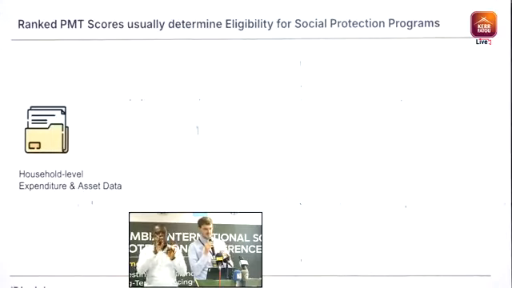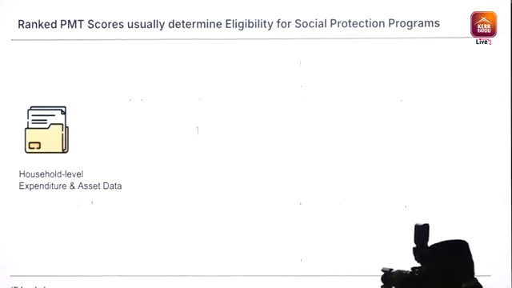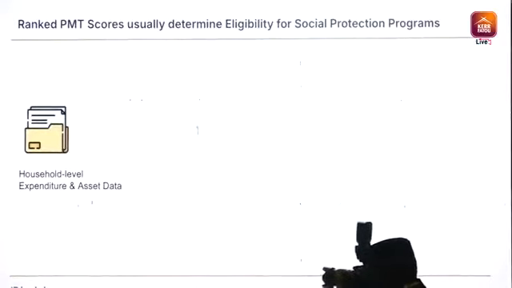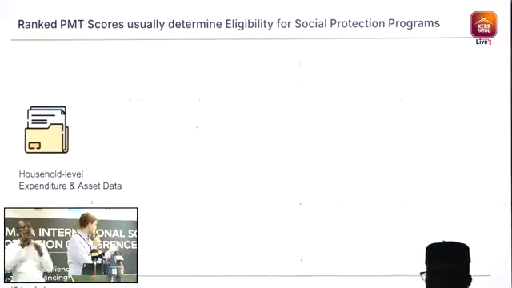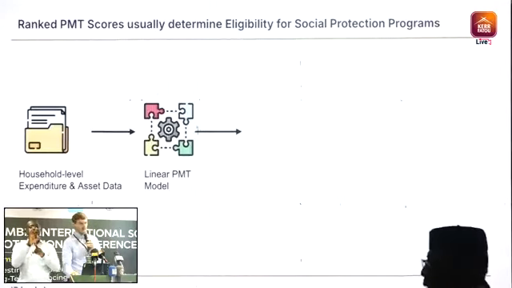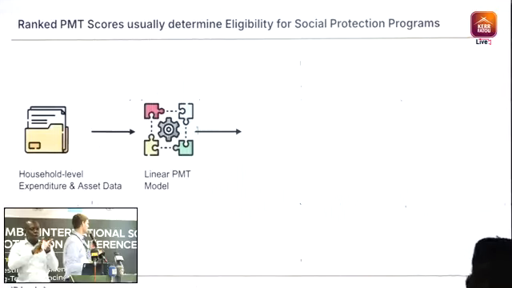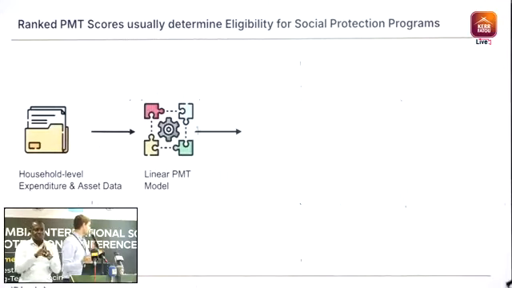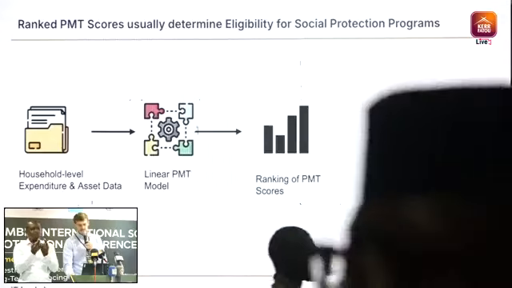So, as I said, we actually do not know who the poorest 20% of the population in this example were. So what we oftentimes do in practice is that we're using information from the social register to then estimate a particular model. Usually it's some sort of proxy mean test model, whether that's linear or otherwise, to come up with these rankings.